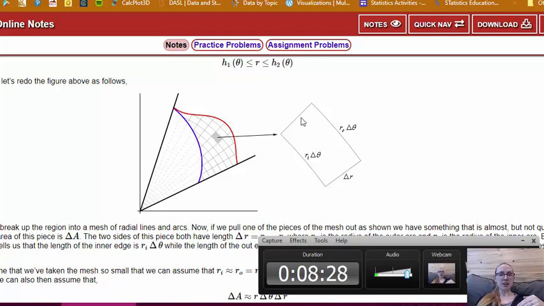So we approximate the area of this shape by taking the width, which is a delta r, times this other dimension, which is the radius, or the average radius for the two sides, times the change in angle, so delta theta or d theta.